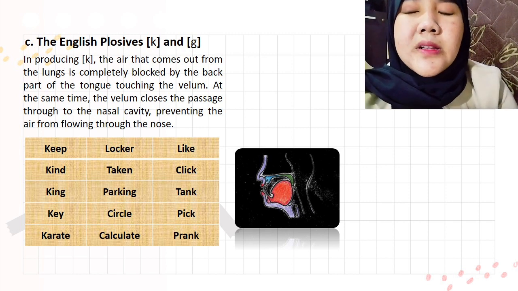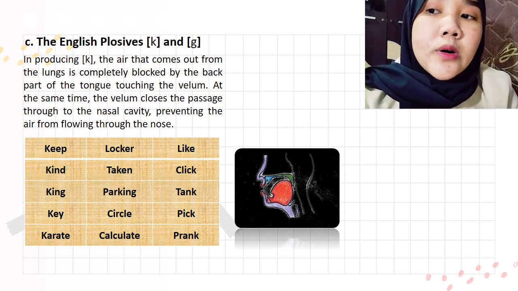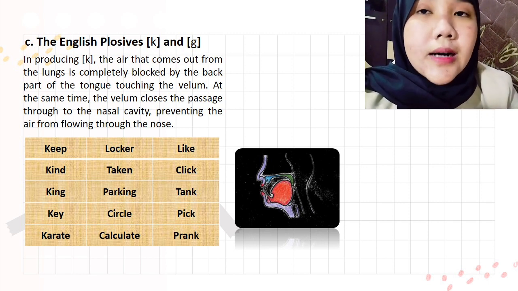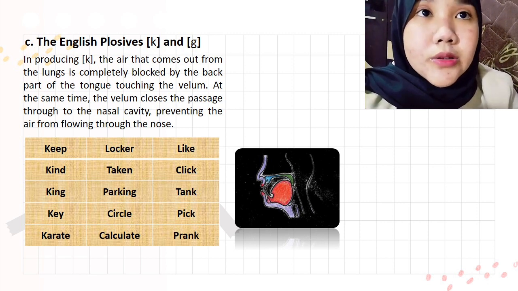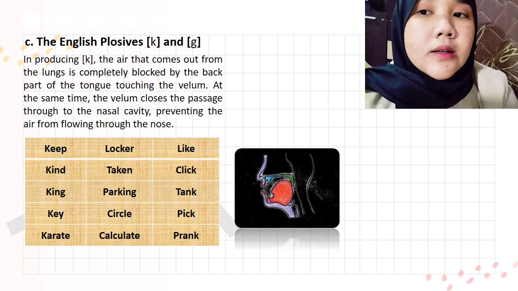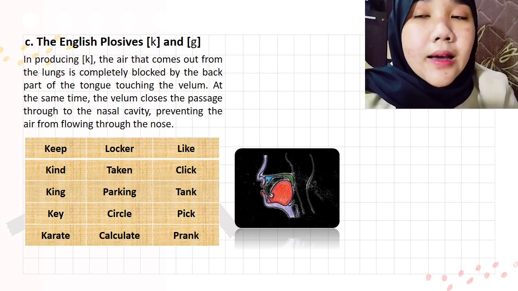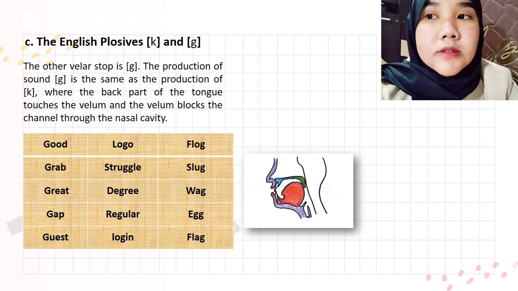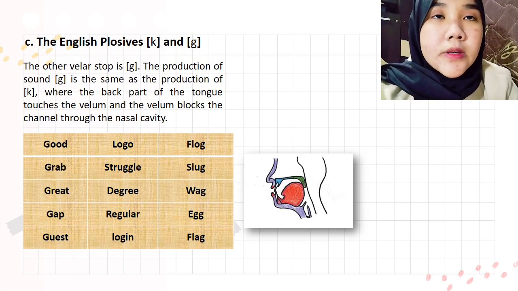For the examples, in the beginning of words are keep, kind, king, K, karate, and in the middle of words are locker, taken, parking, circle, calculate, and at the end of words are like, click, bank, pick, prank.